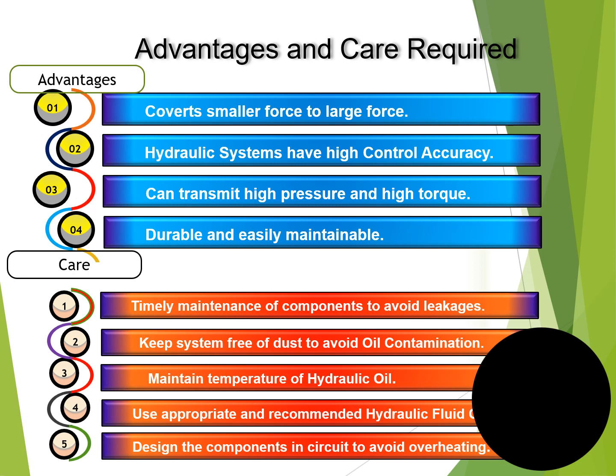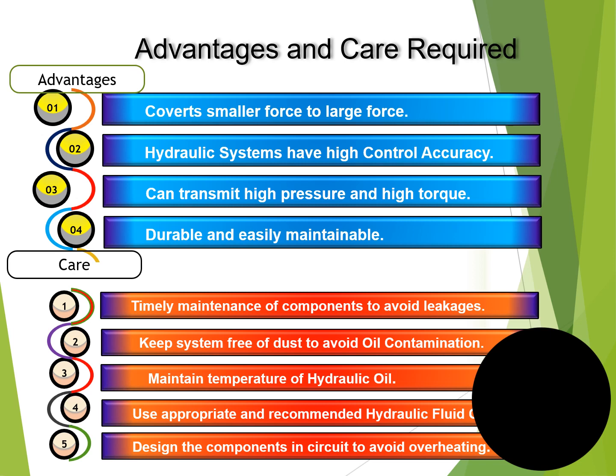Then the hydraulic system uses proportional valves also, which allow accurate control of flow, pressure and other parameters. Then it can transmit high pressure and high torque. Friends, hydraulic systems have a high power to weight ratio.